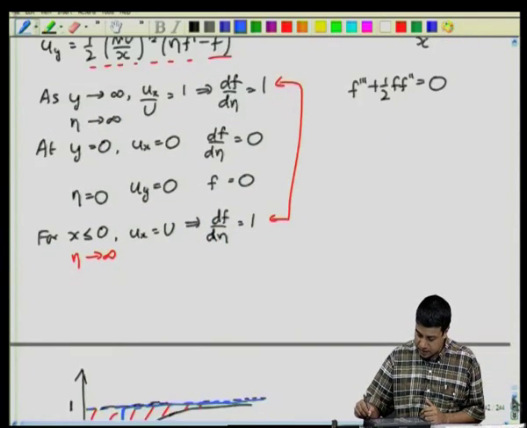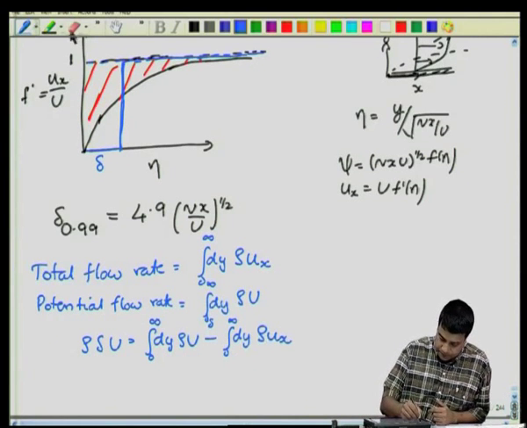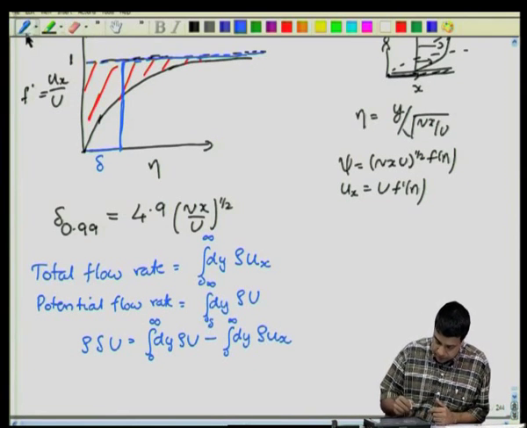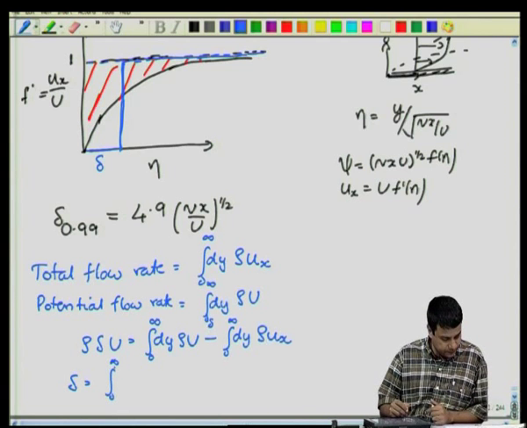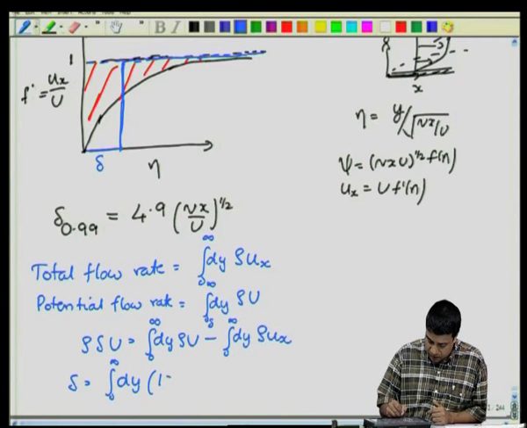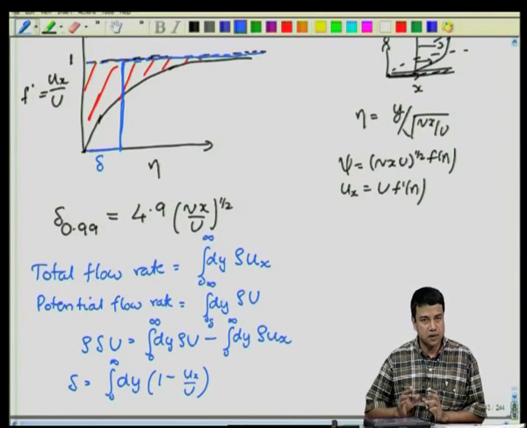And from that you can easily verify that the displacement thickness is given by delta is equal to the integral from 0 to infinity dy into 1 minus u_x by U. So, this basically measures the deficit in the flow rate in this region because the fluid is being slowed down by the presence of the plate.